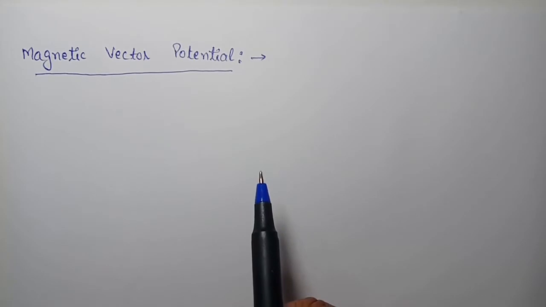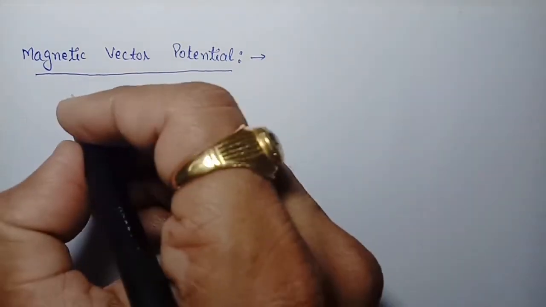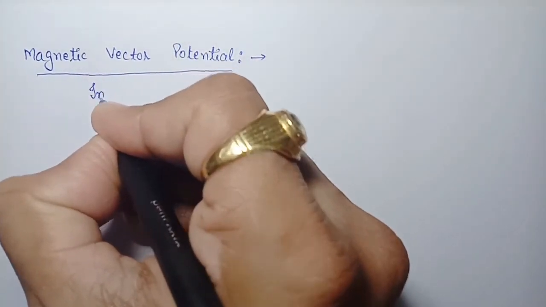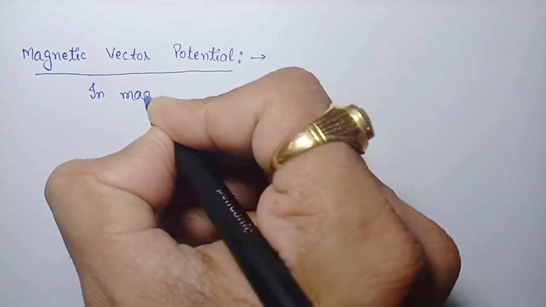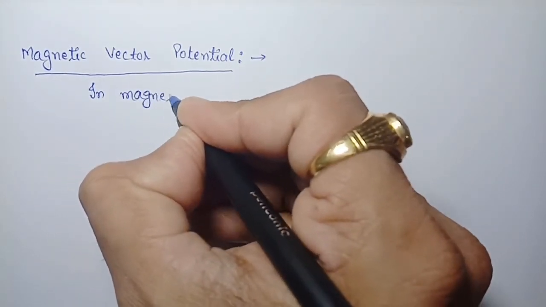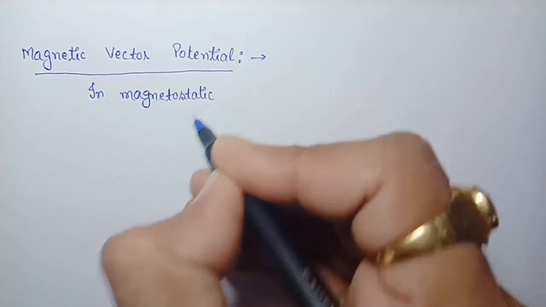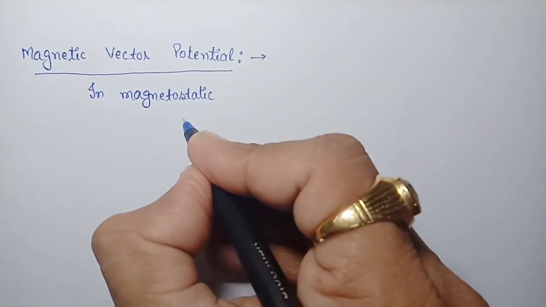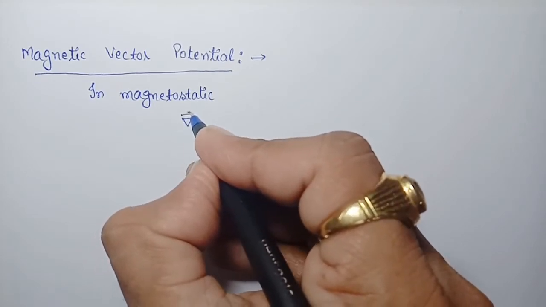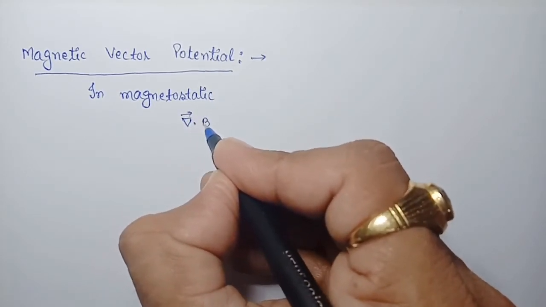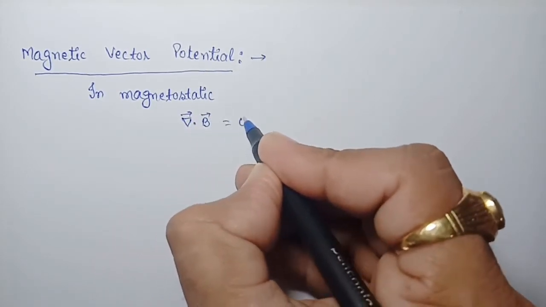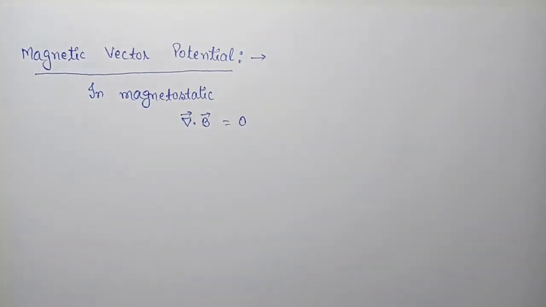So in magnetostatics we know that the divergence of the magnetic field is equal to 0.